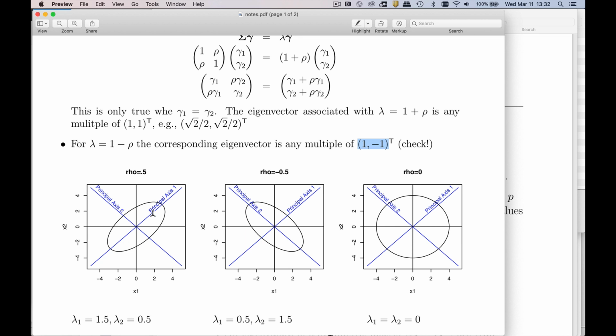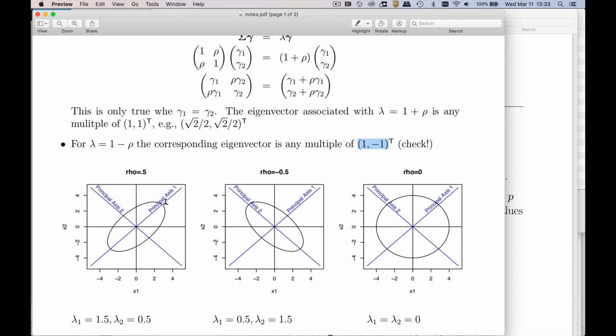So that's our first principal axis. And our second principal axis is going to be pointed in this direction. So 1, minus 1 would be our second eigenvector. And again, there's an infinite number of eigenvectors that describe each one of those axes.